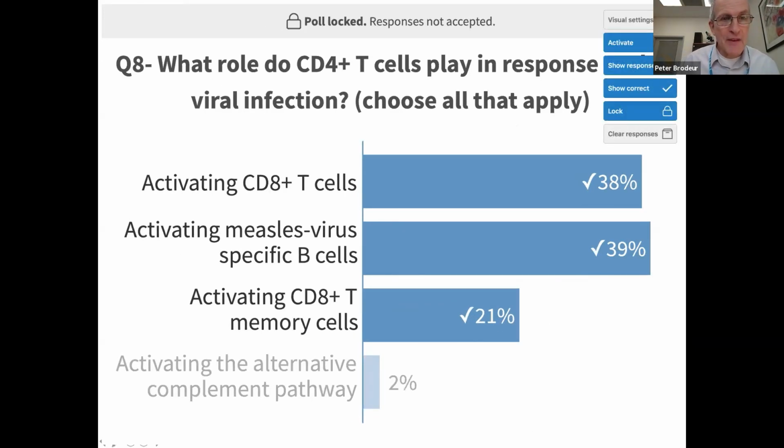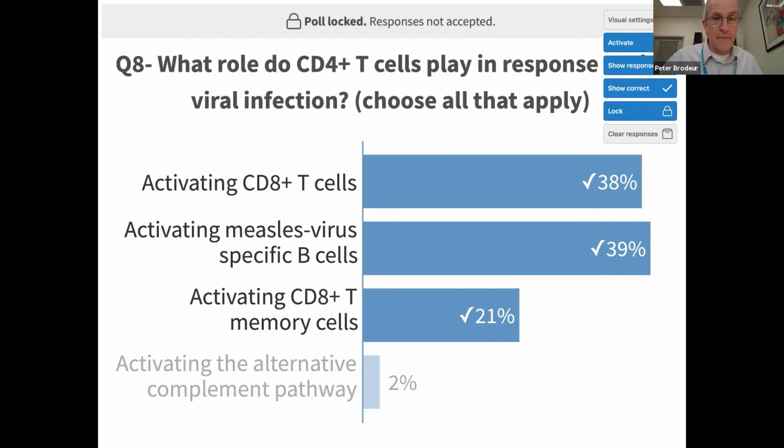Okay, again, the major point here is that the CD8 T cell response also typically requires CD4 T cell help. CD4 cells will help activate CD8 positive T cells. They're going to activate measles virus specific B cells. So the helper cells are helping CD8 cells and B cells, and they also help memory cells.